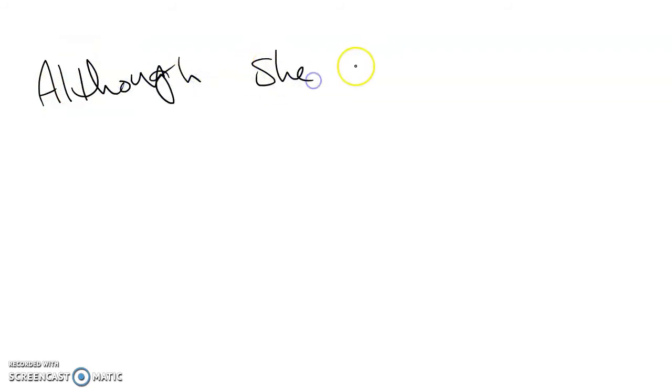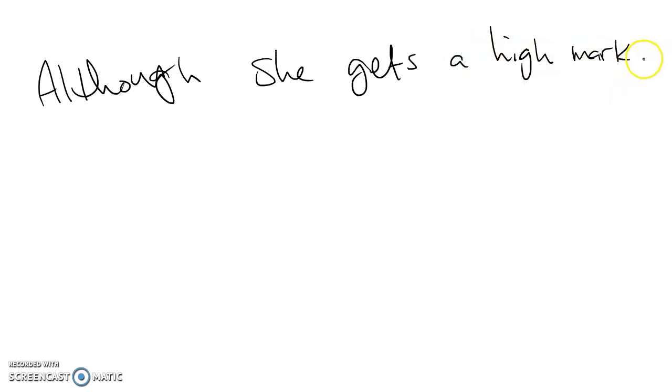Suppose that I have, for example, although she gets a high mark, and full stop. And I have another clause, which is she is not happy.